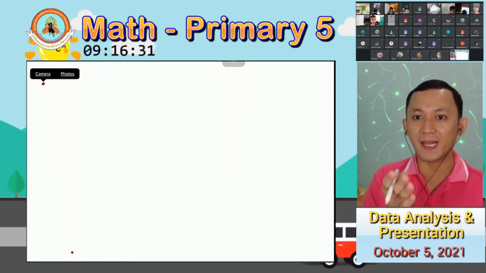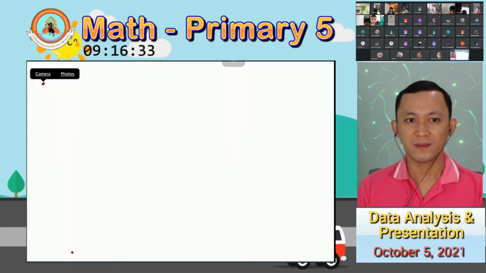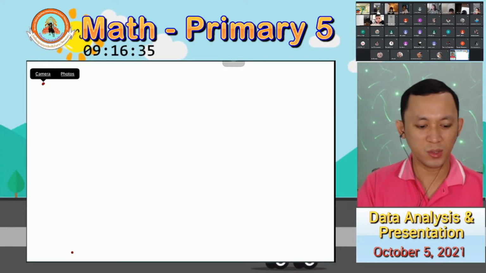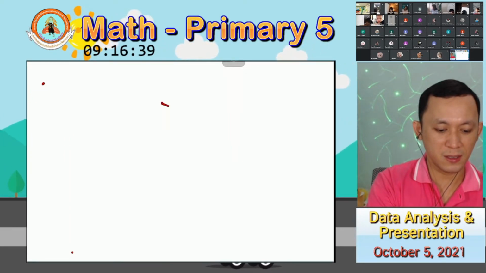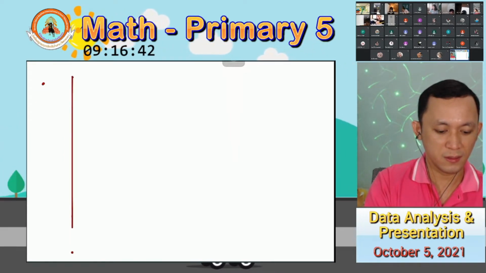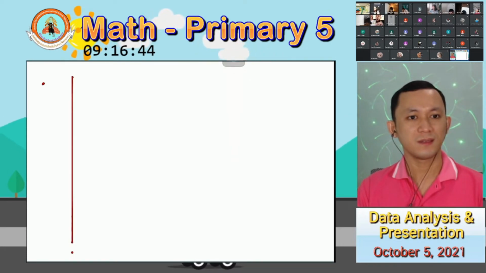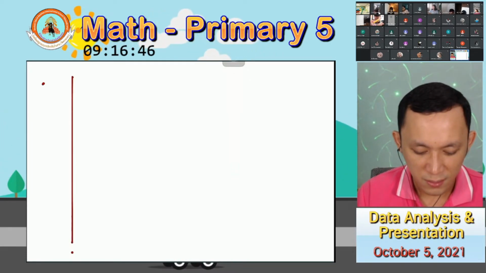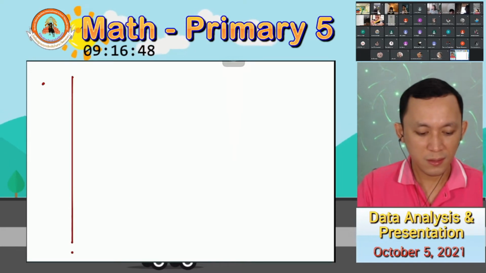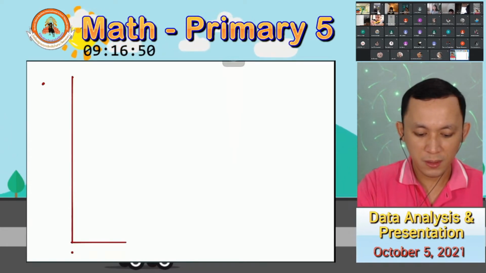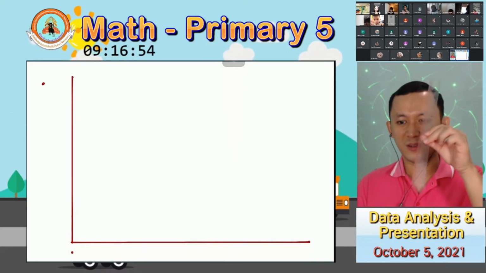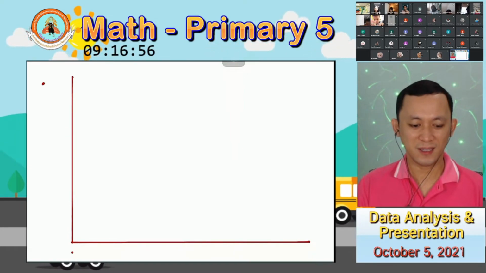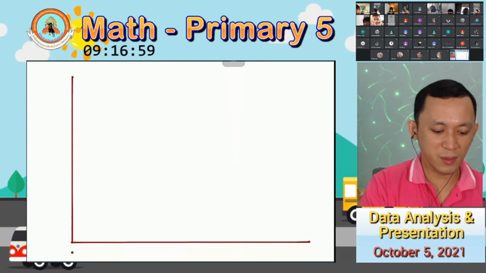On your paper you already have the vertical axis, so it's very easy. If you don't have the vertical axis, I have it here. So we have this one, and a ruler too.